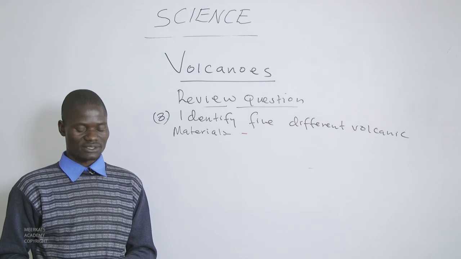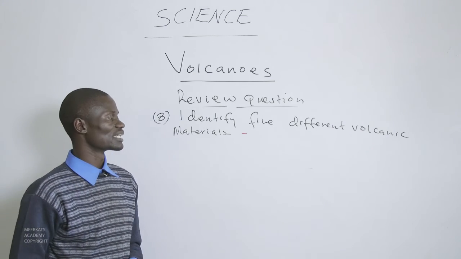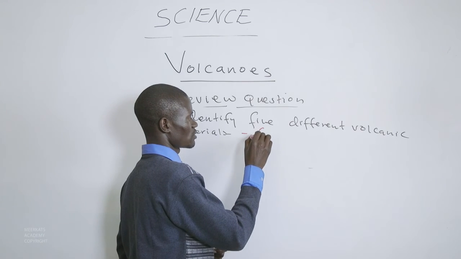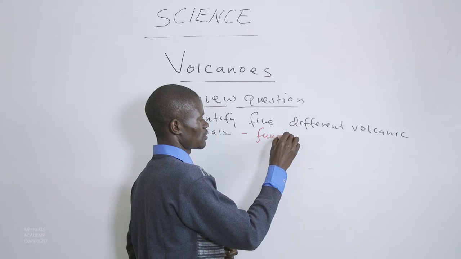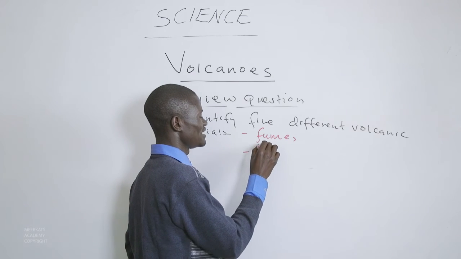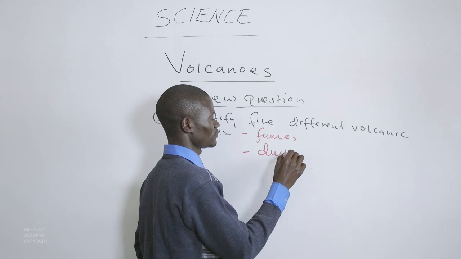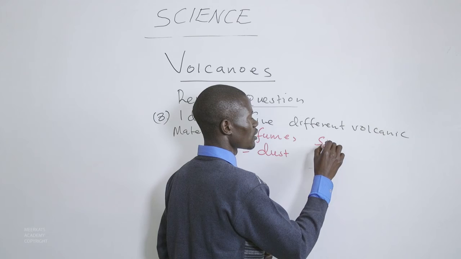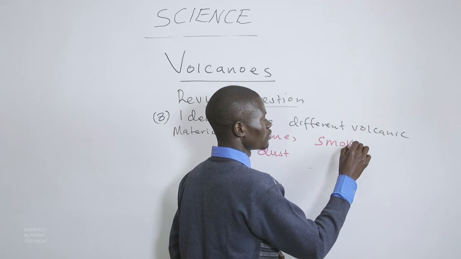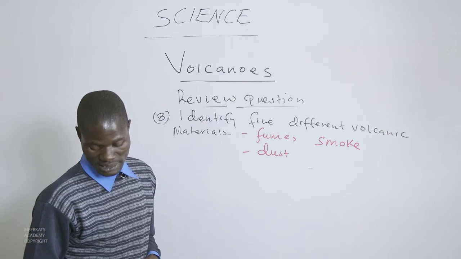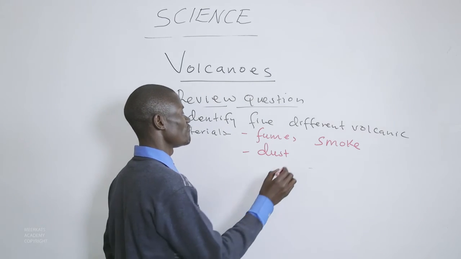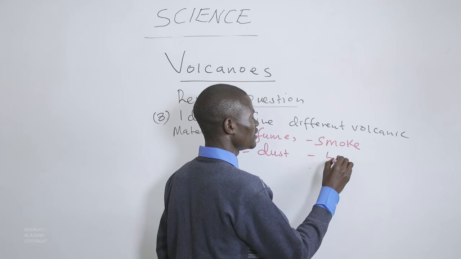One of the materials that result from volcanic activity includes fumes. We have dust. We have smoke. Any other one that you may remember? Very fast, we have lava.